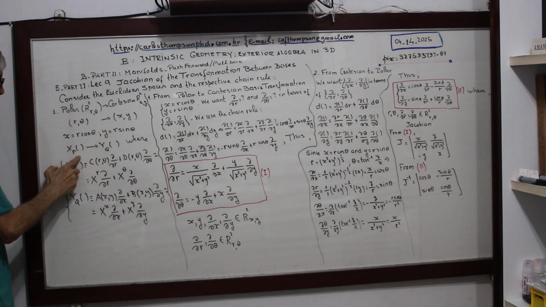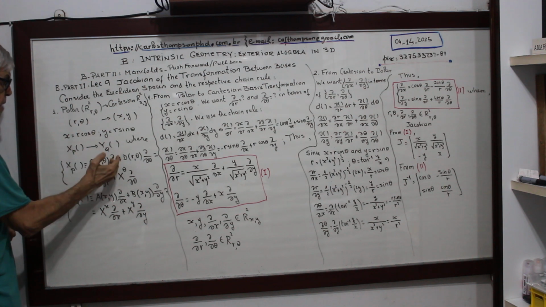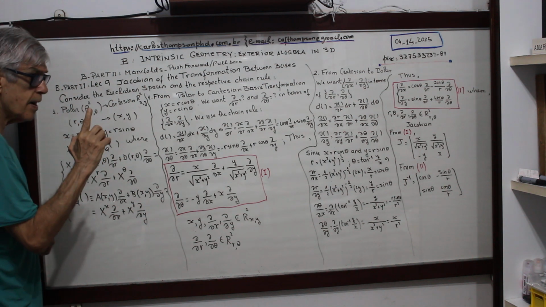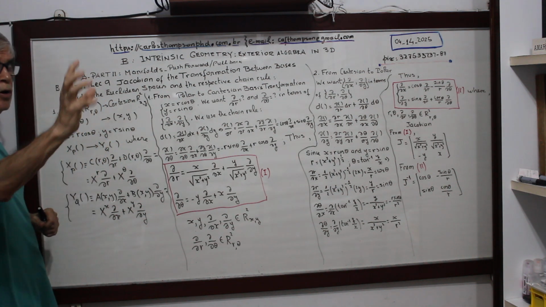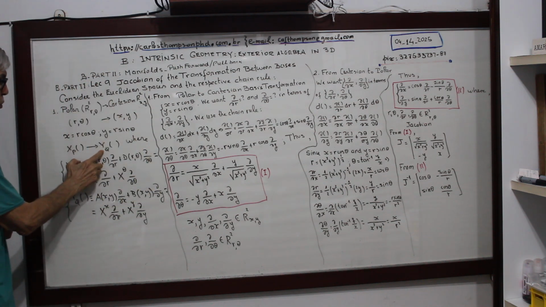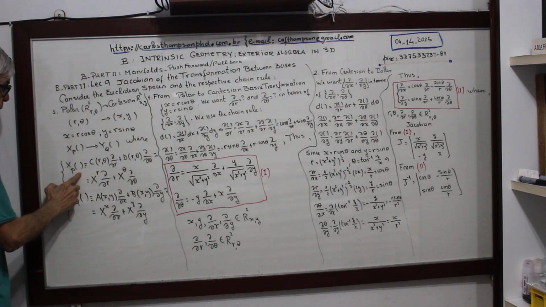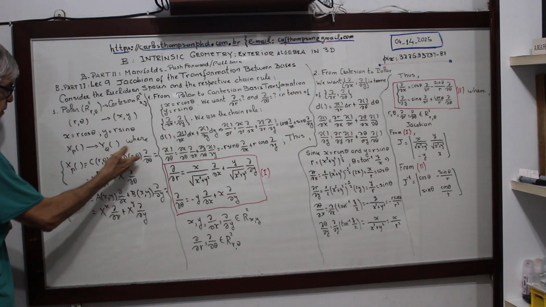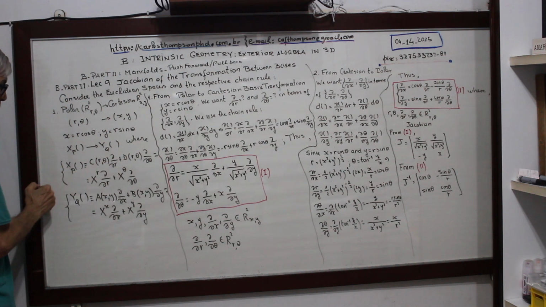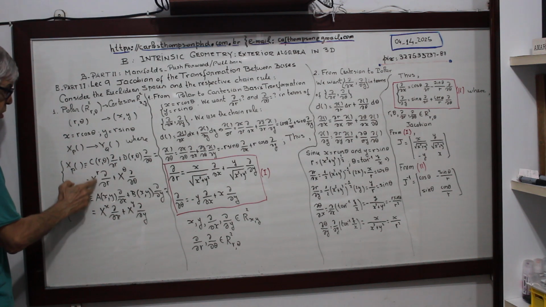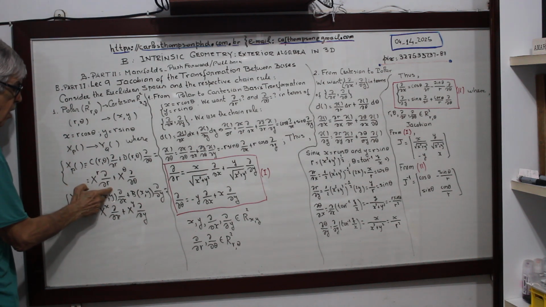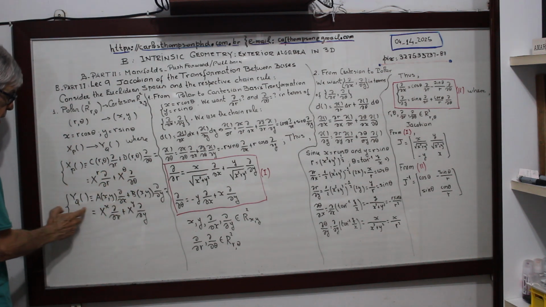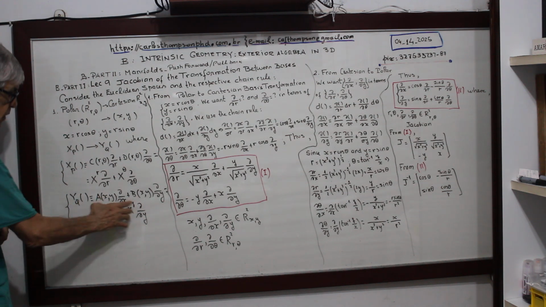Now a vector that belongs to the polar coordinates is mapped by the push forward to the Cartesian, where these are the components of this vector: x^r partial r, x^theta partial theta. This is the vector in Cartesian, you see.